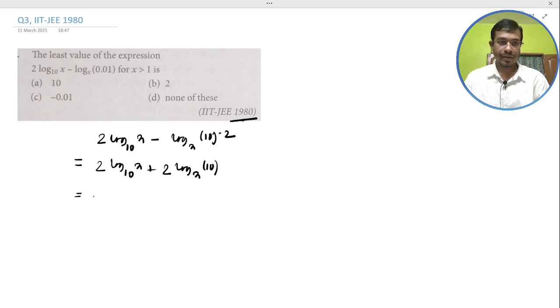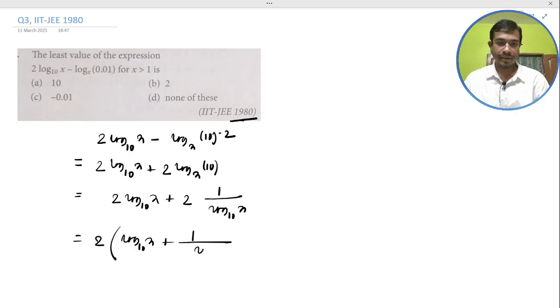This is equal to 2 log 10 to the base x plus 2 times 1 by log 10 to the base x. 2 should be common here: 2 times log 10 to the base x plus 1 by log 10 to the base x.